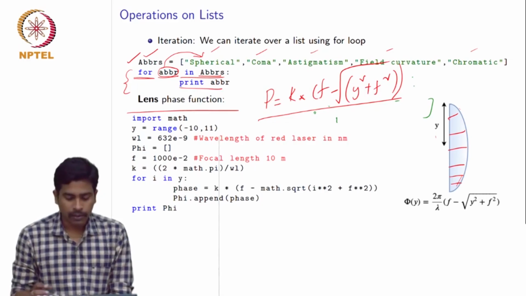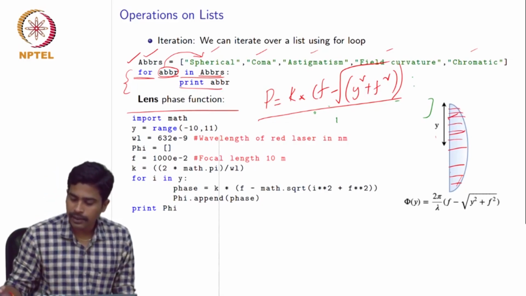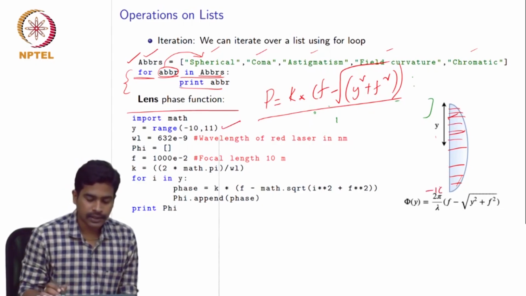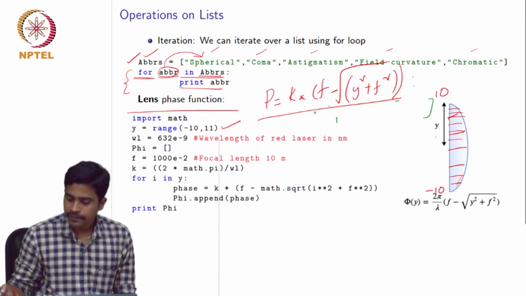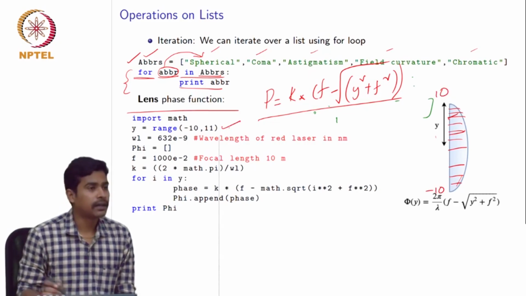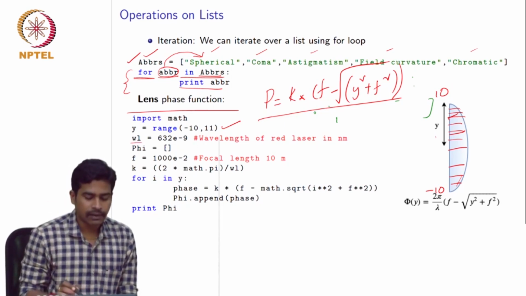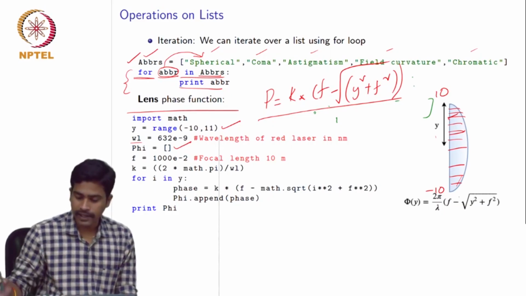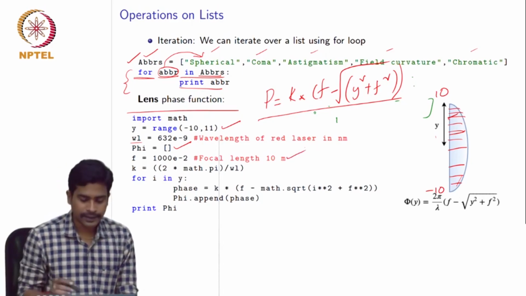Now let's sample this lens into equal points, and that is done using this range statement. Let's say this is minus 10 and this is plus 10, and we have around 20 points along the y-axis, and let's say the wavelength is 632 nanometers, and we have initialized an empty list, which is the phase, which is going to hold the values of phi along this y-axis.